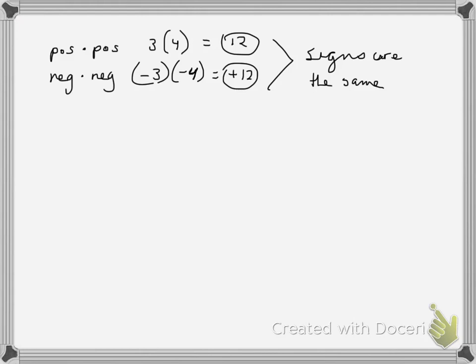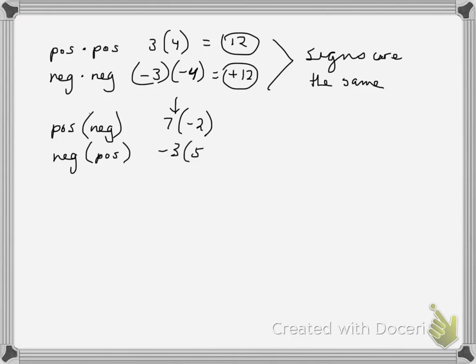If the signs are different, either a positive times a negative or a negative times a positive, that would look like 7 times negative 2. Recall when I just have the number right up next to a parenthesis, that means multiplication. Or a negative 3 times 5. In either case, you have to recognize that this is multiplication, not addition or subtraction, because my number is right next to the parenthesis.